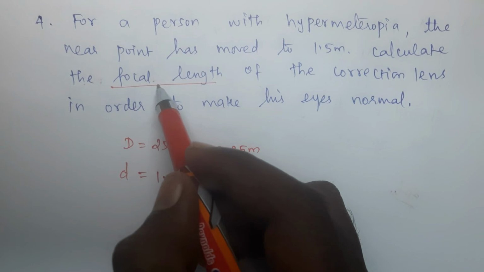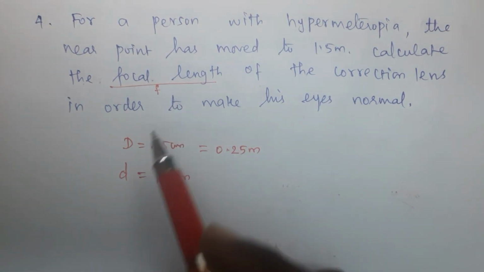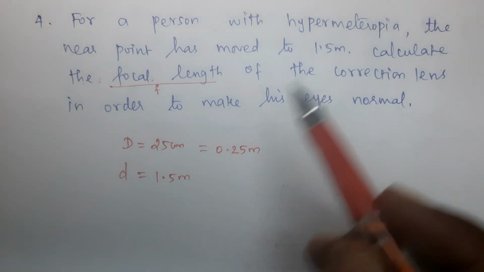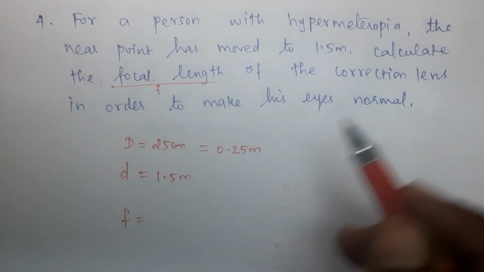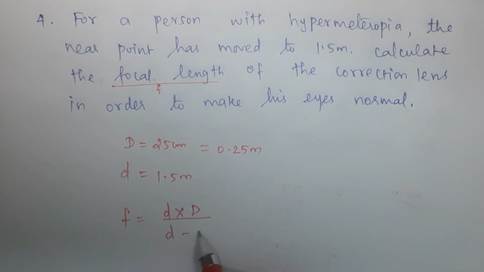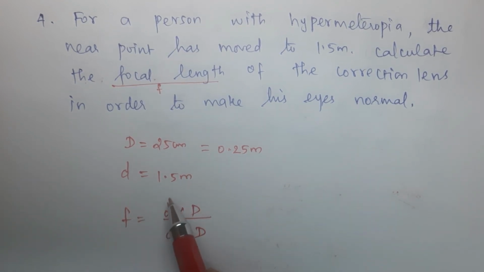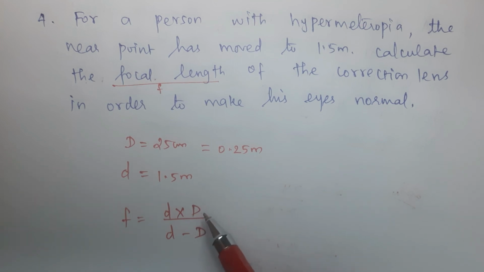Focal length of the convex lens, because a convex lens rectifies hypermetropia, so that f should be positive. So for the normal eye, the focal length is f is equal to d into D divided by d minus D. This small d, we know, is the near point distance of the person with hypermetropia. This capital D is the near point distance of the normal eye person.